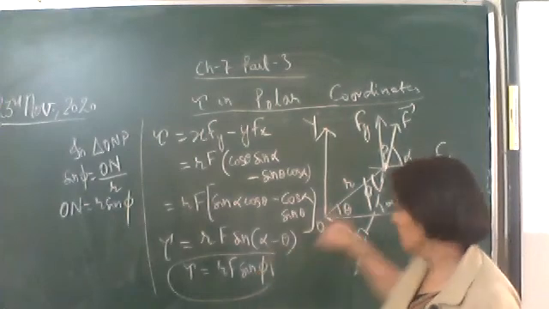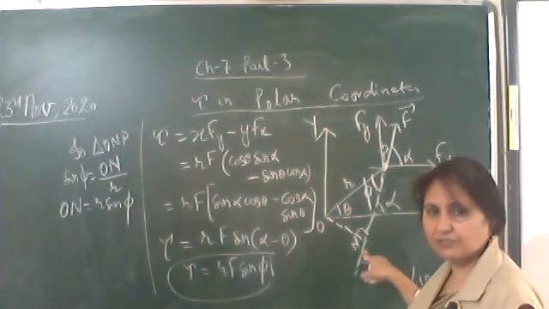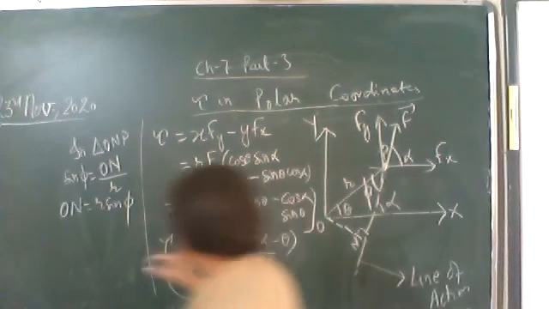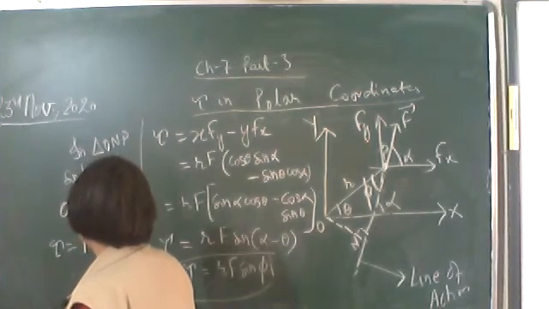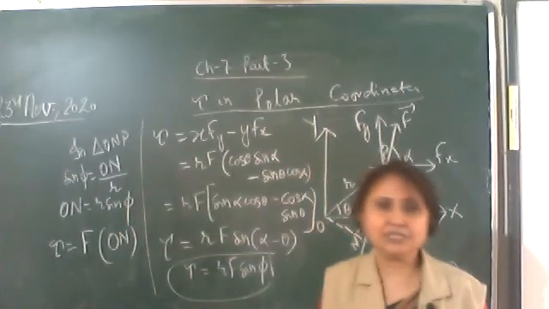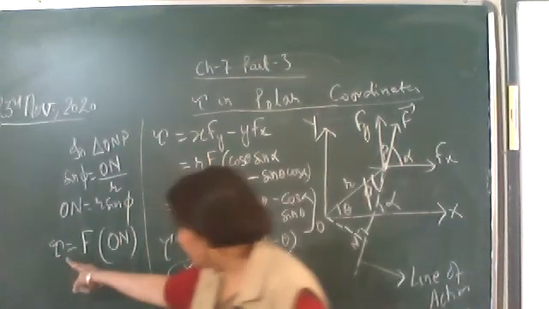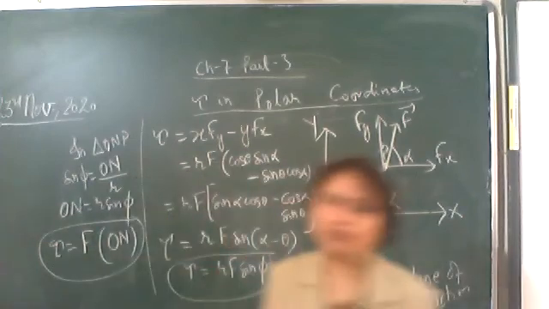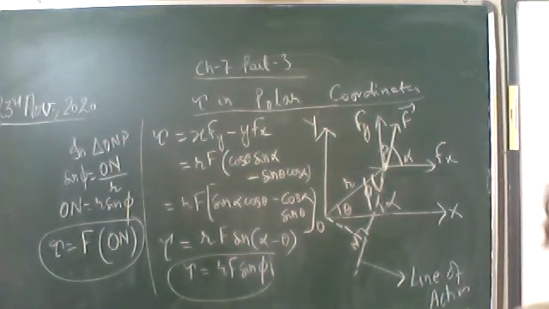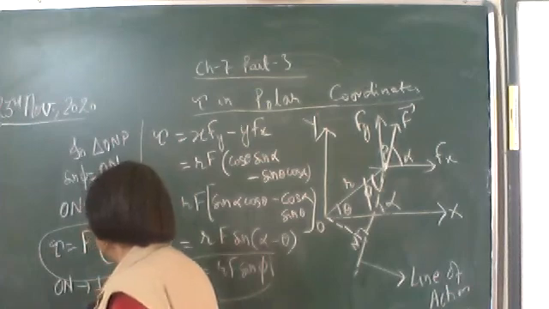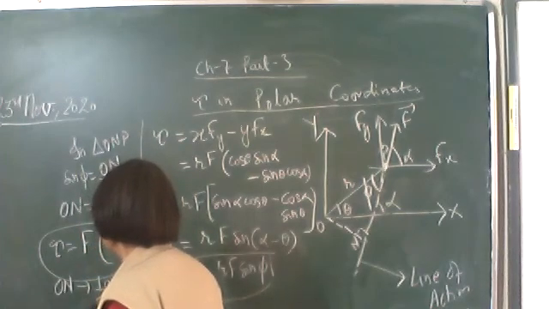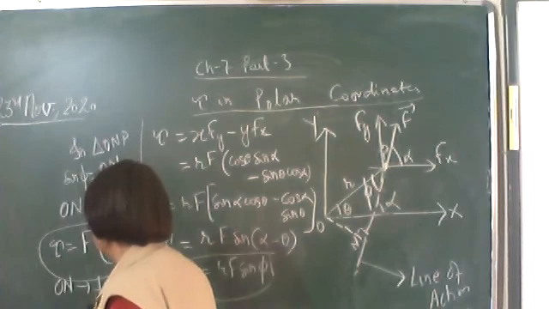What is this ON? Perpendicular distance from the axis of rotation. So tau is equal to F into the perpendicular distance from the axis of rotation. What is that perpendicular distance? ON. So as we defined, tau is equal to force into the perpendicular distance from the axis of rotation. ON is the perpendicular distance from the axis of rotation.